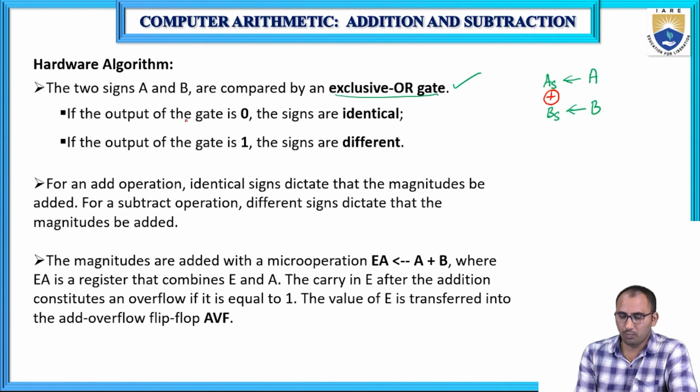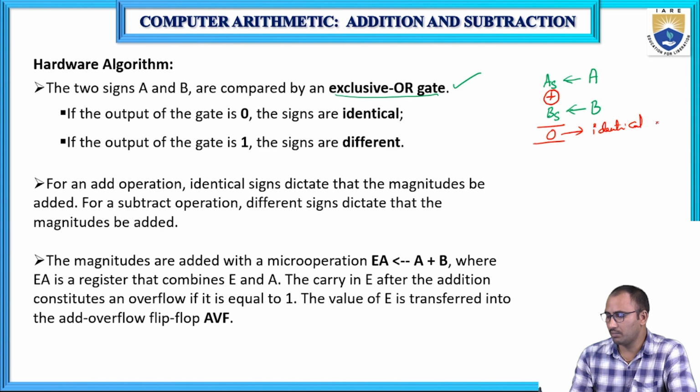If the output of the gate is 0, their signs are identical. Identical means the signs are the same.